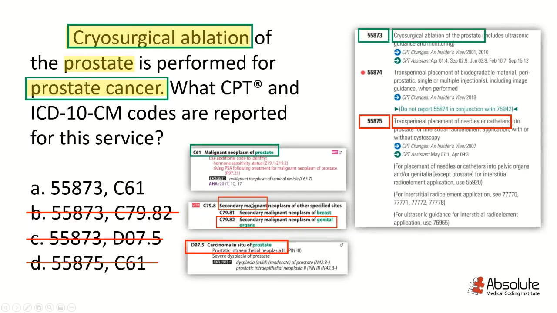No mention of it being a secondary malignancy. So this is our code. It is A. For those of you who were teetering between the two, C61 says malignant neoplasm of the prostate. It's that one. So don't let it trip you up. It was saying neoplasm of the genital organs. That is a genital organ, but more specifically, it is the prostate. And there is no mention that this is a secondary malignancy.